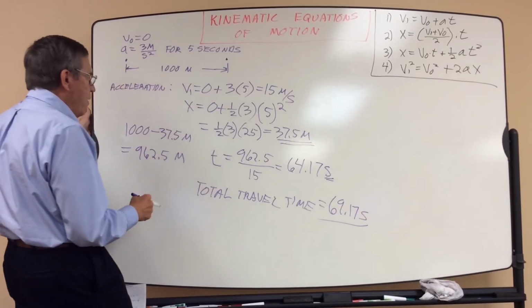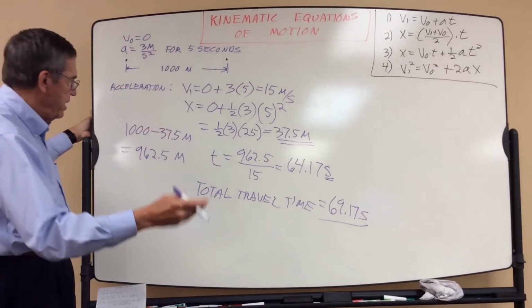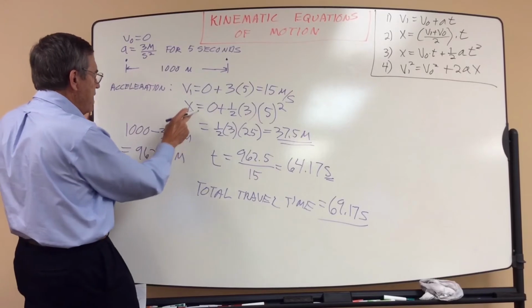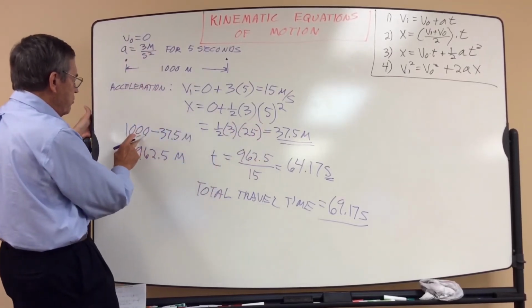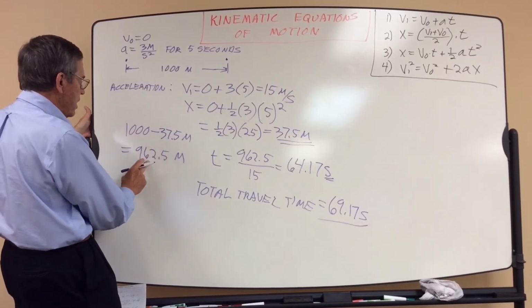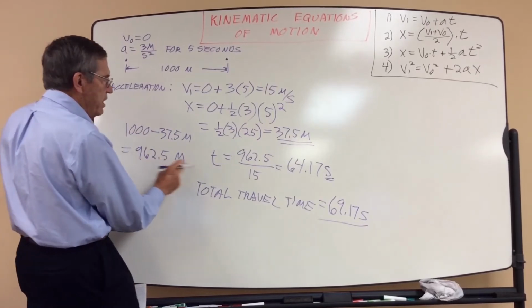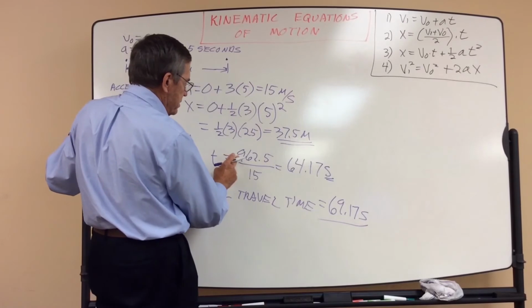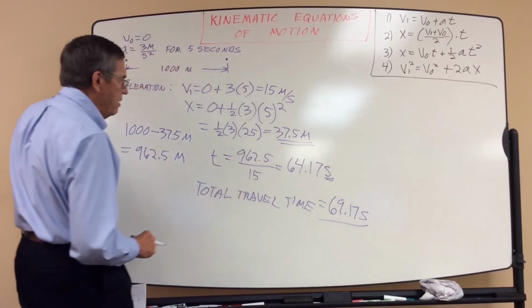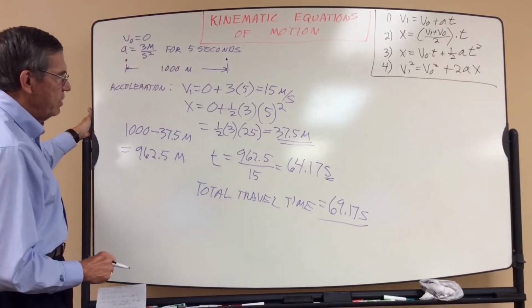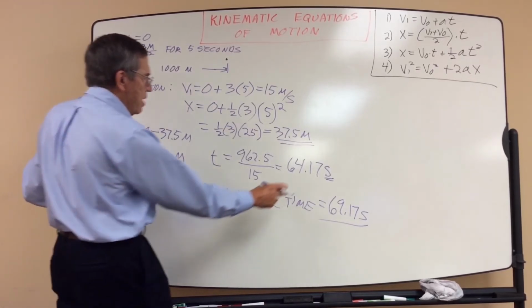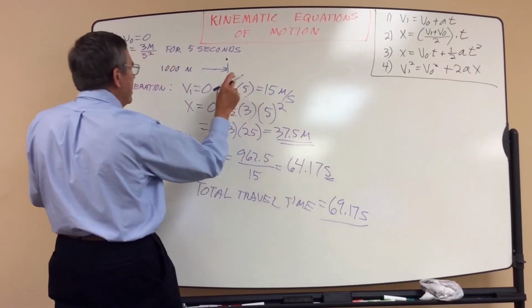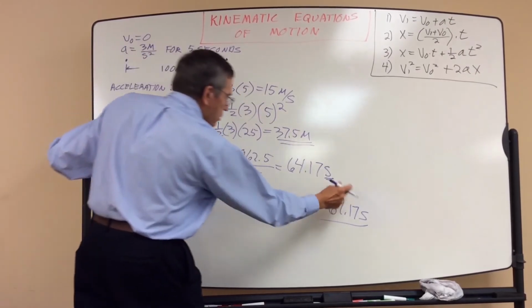But we also needed to know how far we were going to travel during that. So we were able to find the distance during acceleration, 37.5 meters. We subtracted that from the total course, got 962.5. Then we simply divided that distance by the velocity that we were traveling during the constant velocity phase, came up with this time, added that time to the initial time, and got our total time.